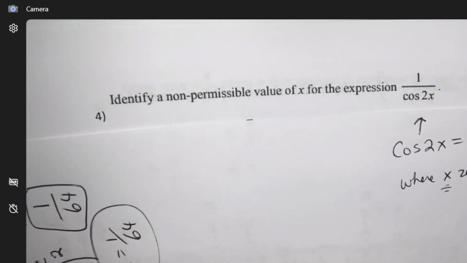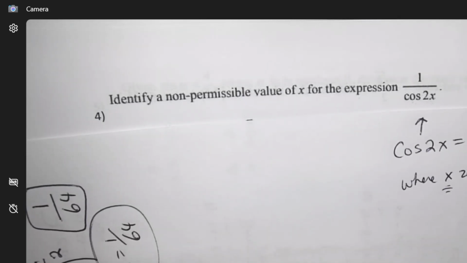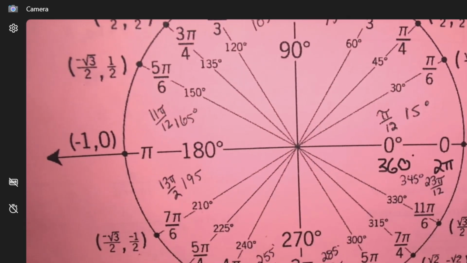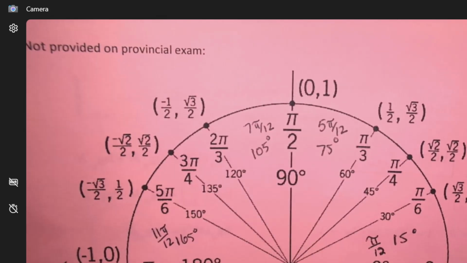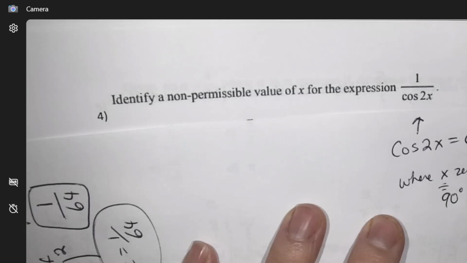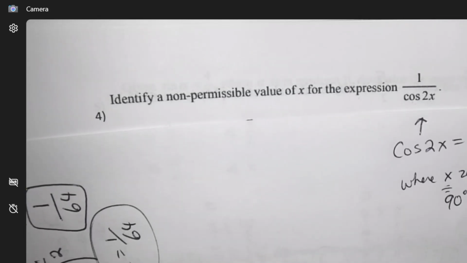So here's cos. Where is there an x value of 0? Where is there an x value of 0 on your unit circle? Where do you ever see that as a problem? Right here, right? Those positions would cause an x value of 0, a cos value of 0.